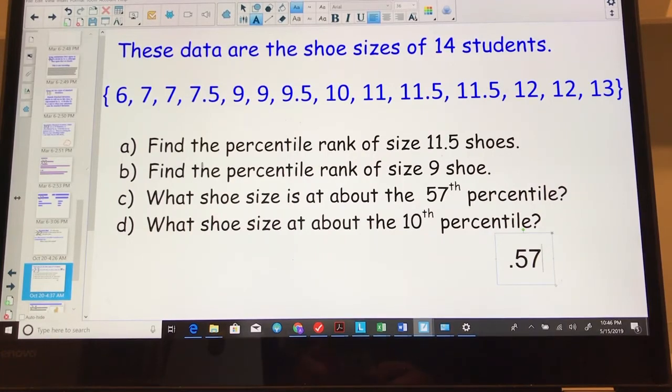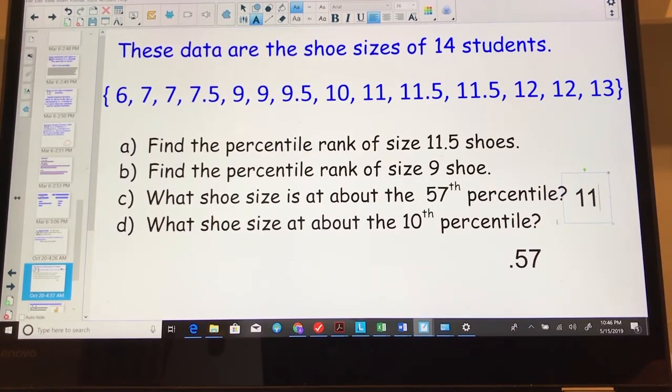Pulling the old calculator out. 0.57 times 14. We are going to be looking for about the 8th data value. So 1, 2, 3, 4, 5, 6, 7, 8. So 8 values below that would mean that a size 11 is at the 57th percentile.